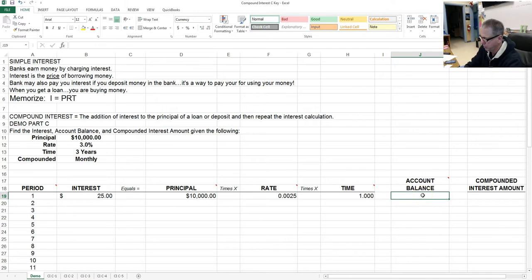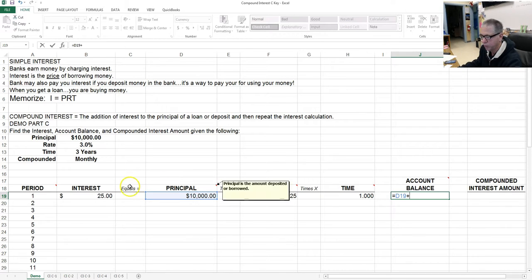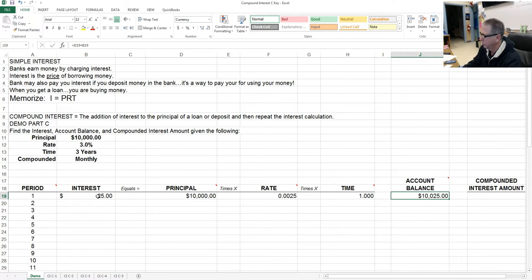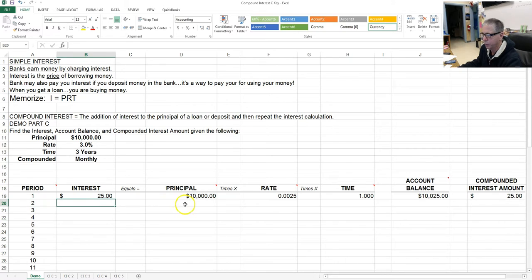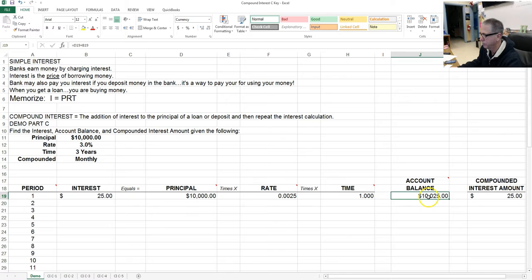The account balance is the starting principal amount plus the interest. And the compounded interest amount for this first month, we will just put an equal sign and put the interest amount that we calculated for that first month. Next period, or the next month, the new principal, remember, is going to be the previous account balance.